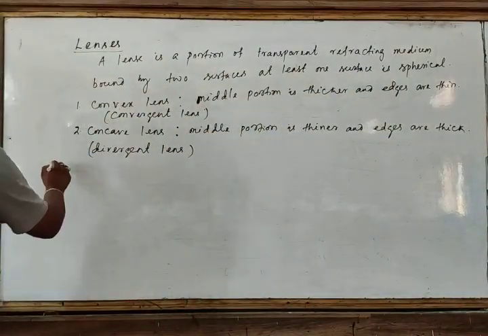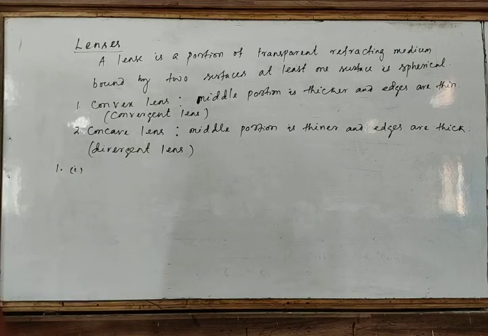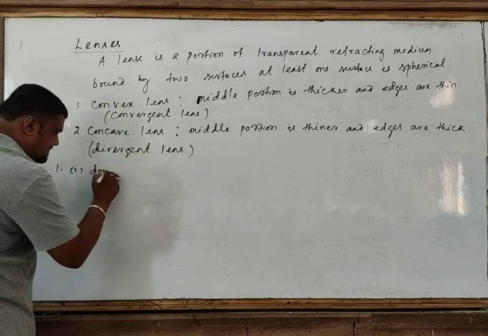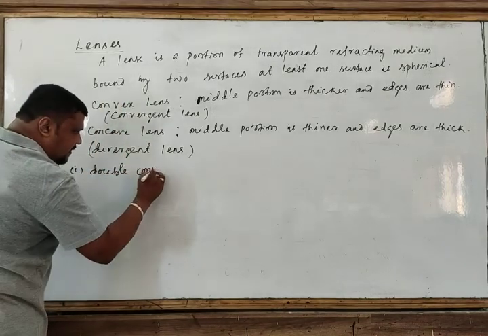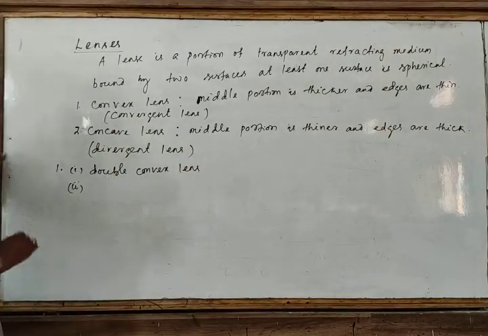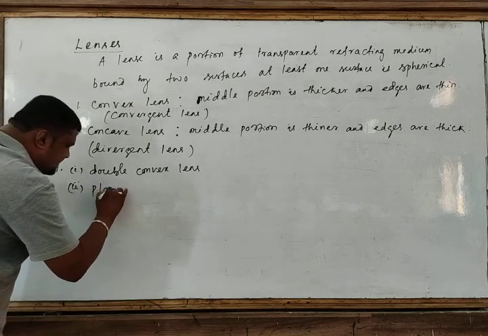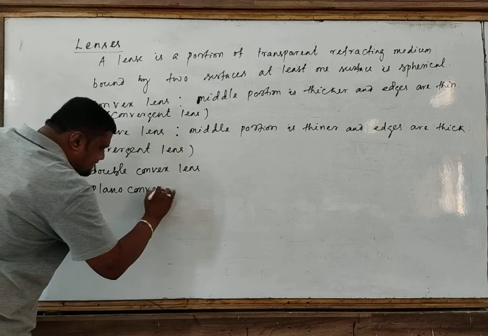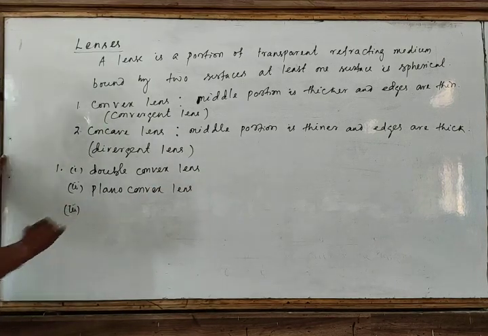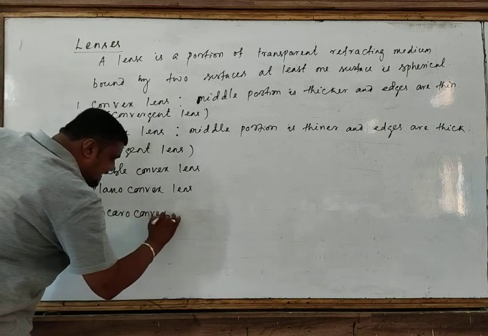The convex lenses may be of different types. One is the double convex lens, next the plano convex lens, or the concavo convex lens.